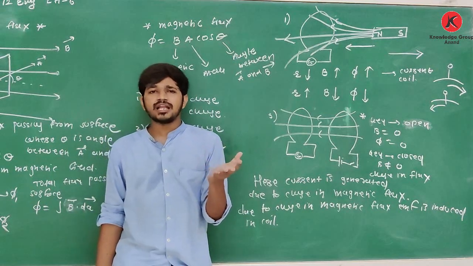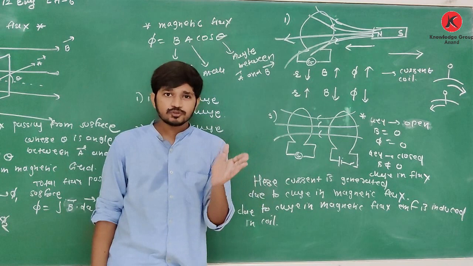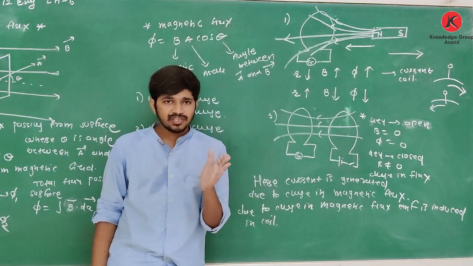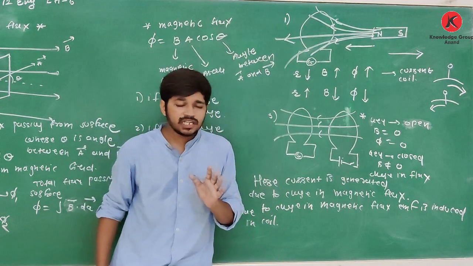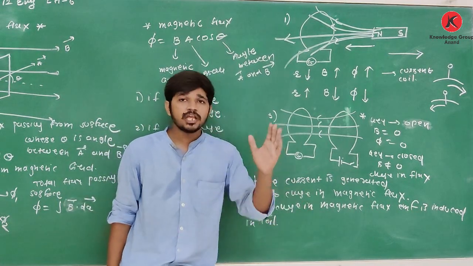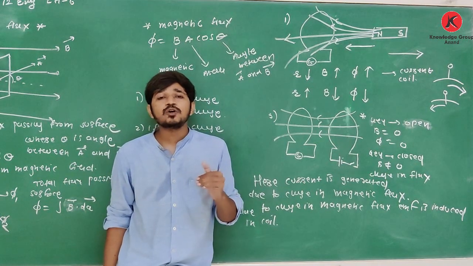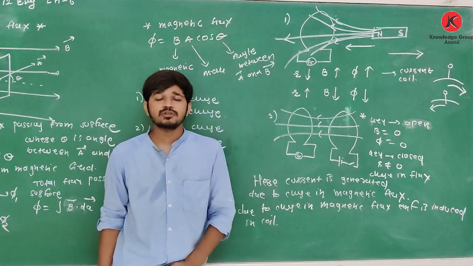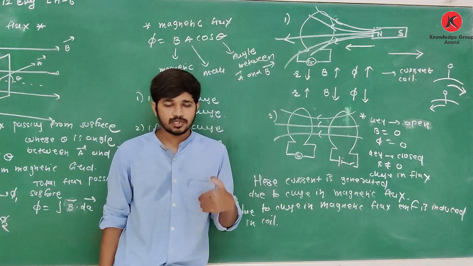So what is the meaning of that? More current means more EMF. So yes, here we can say that this induced EMF does not depend only on changing magnetic flux. It also depends on the rate of change of magnetic flux. Rate of change of magnetic flux means change of magnetic flux per time.